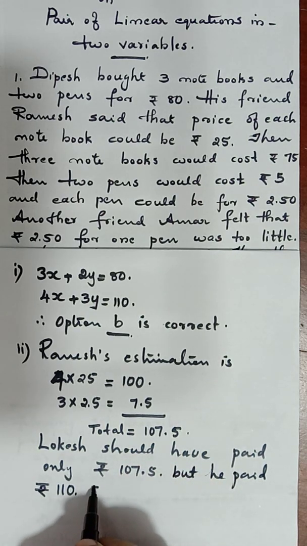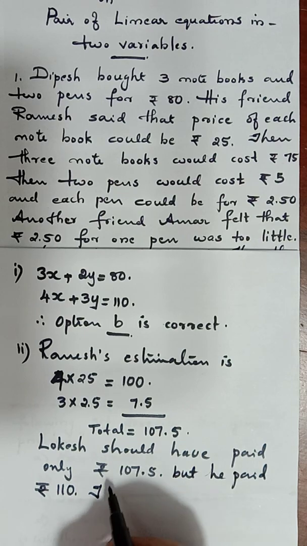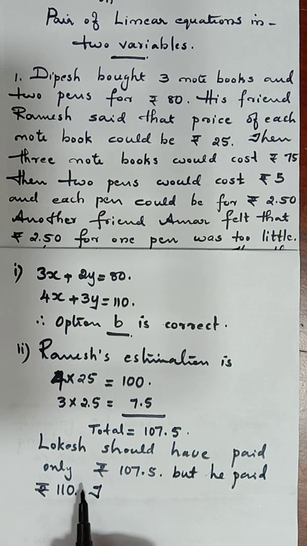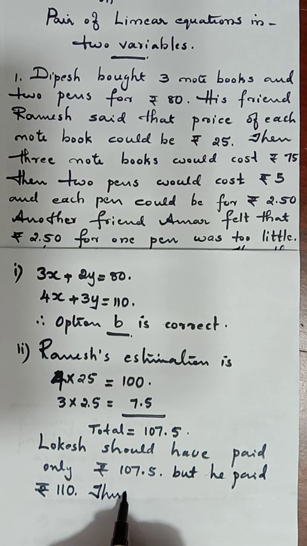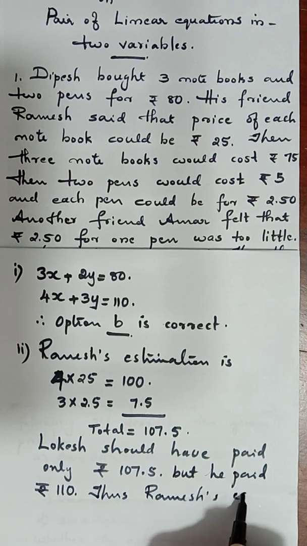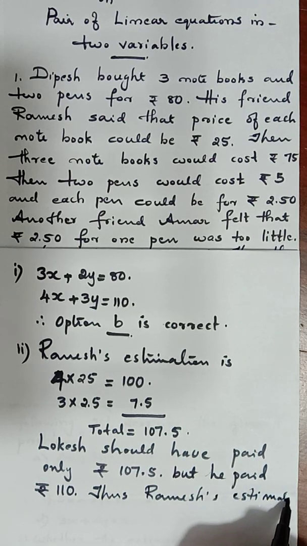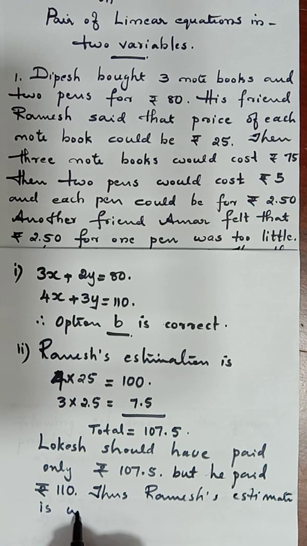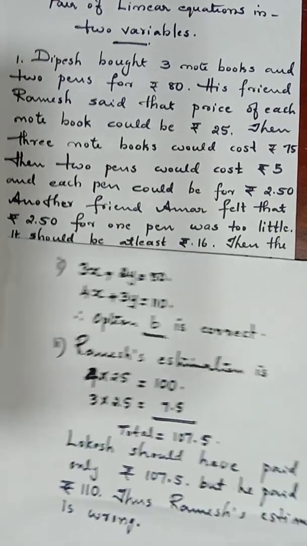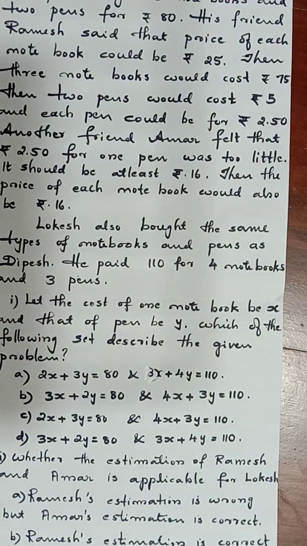Thus, Ramesh is wrong, we can say. Here, according to Ramesh's estimation, it should be only 107.5, but Lokesh paid 110. Therefore, we can say, thus Ramesh's estimation is wrong. Now we have to check what the estimation of Amar is. That also comes in the second one.